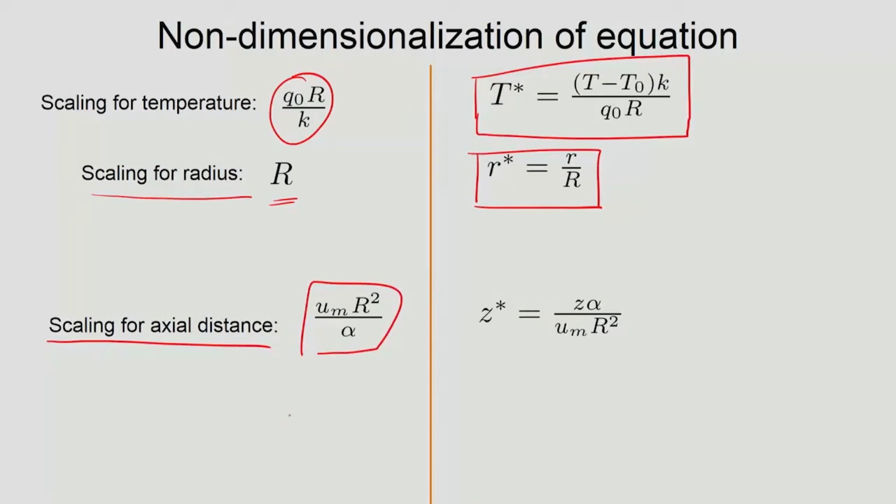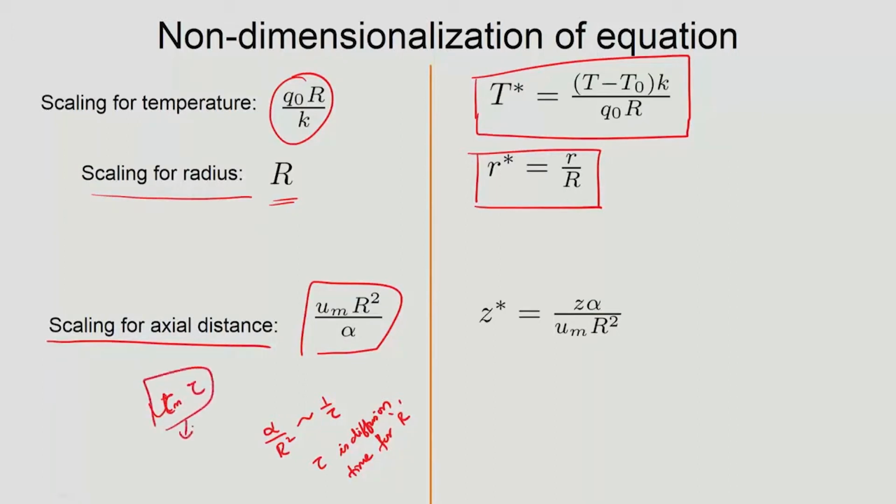So, look at the units of alpha by r square. Okay. So, alpha by r square is basically having the units like 1 by tau, okay, where tau is the diffusion time for a distance r, which means what you have written here is tau into velocity.